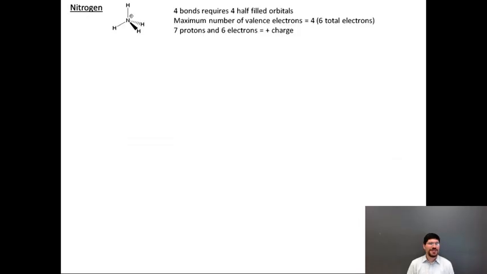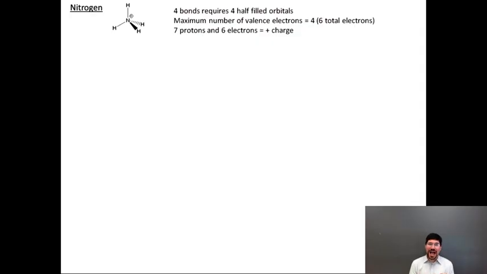What about nitrogen? Same analysis. NH4+ is an example that you've seen repeatedly of a positively charged nitrogen. So nitrogen here is forming 4 bonds. Therefore, it must have 4 half-filled orbitals. The maximum number of valence electrons then has to be 4.